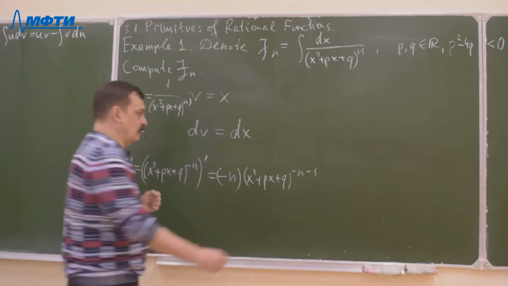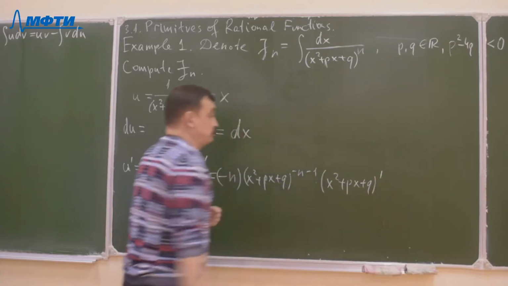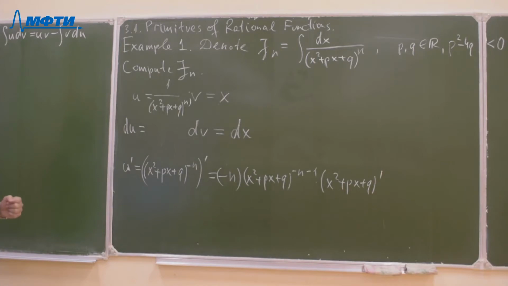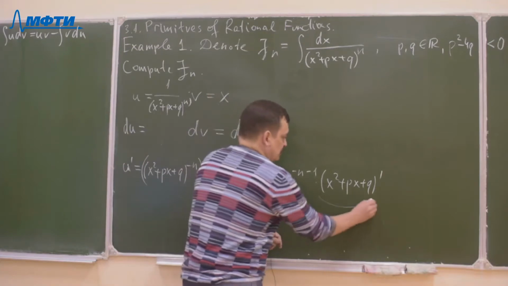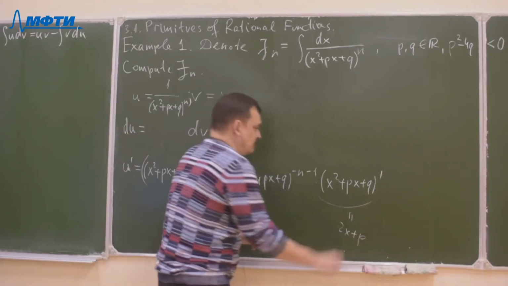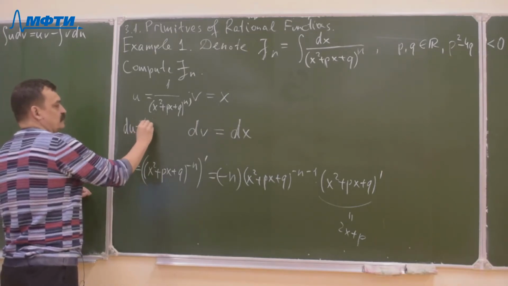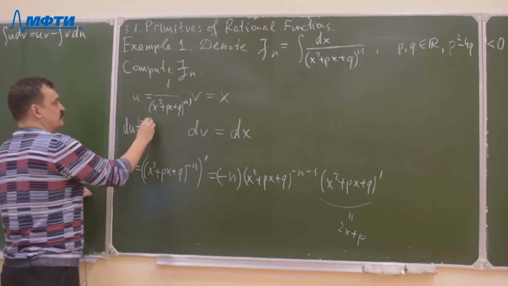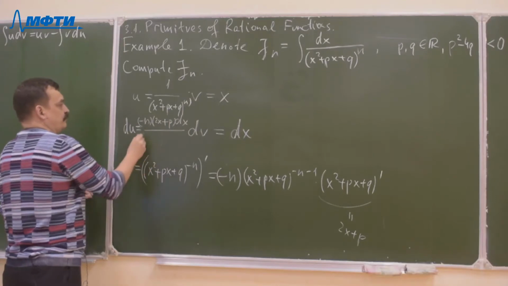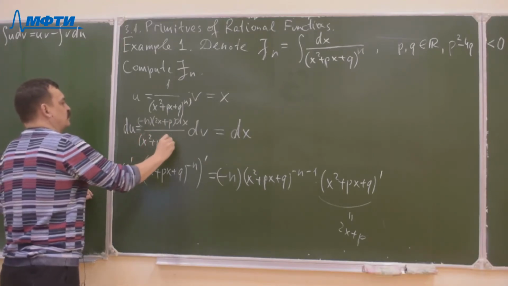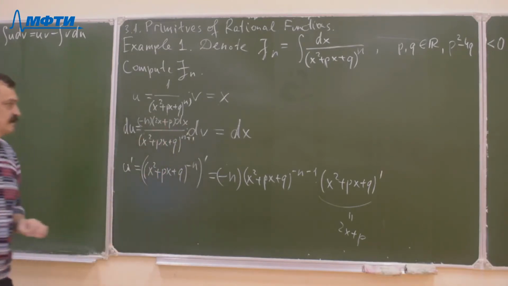And by the chain rule, we multiply by the derivative of x squared plus px plus q. The last is 2x plus p. So I can write du equals minus n times (2x plus p) dx over (x squared plus px plus q) to the power n plus 1. Okay, that is du.